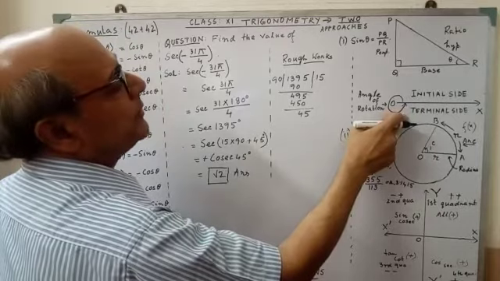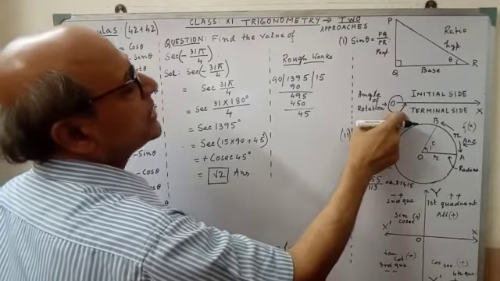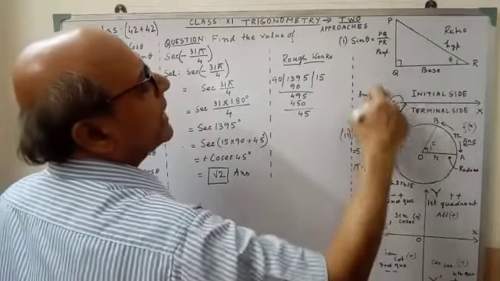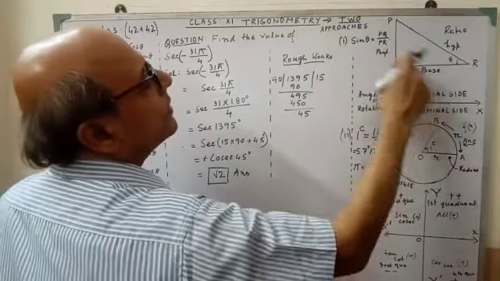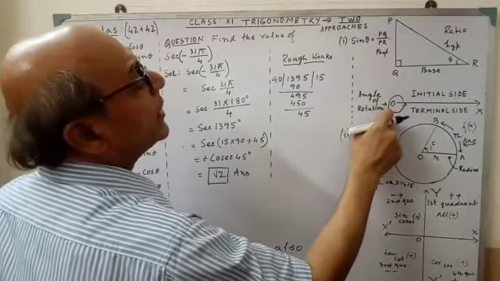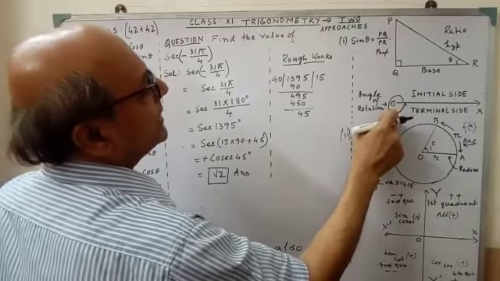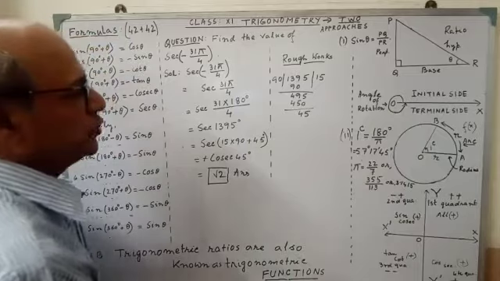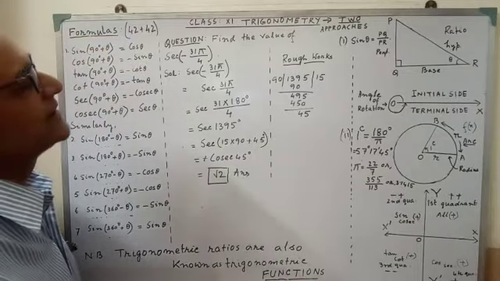But in trigonometry, more than 360 degree is possible. How? This line will rotate several times and an angle of more than 360 degree will fall by rotation. This is the vital part. On the basis of this, you may expect one sum in your exam.